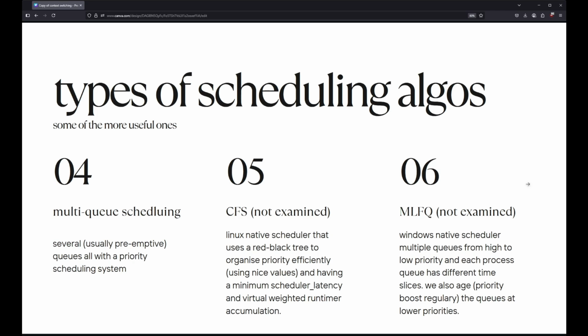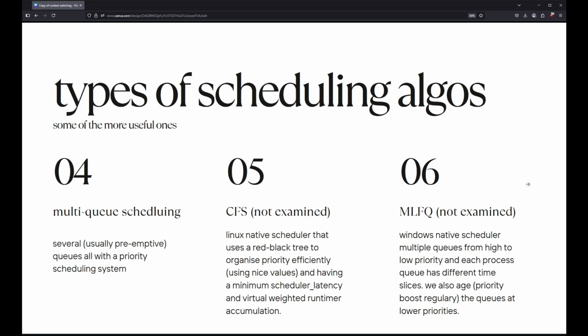These nice values have ranges. A maximum not nice value would be -20, and a maximally nice value would be 20. Now, you can use this within various different calculations in order to calculate several things, which are good for processing and scheduler stuff as well.